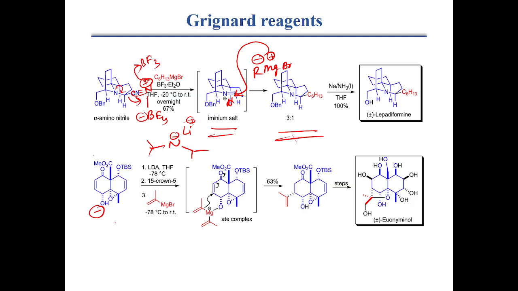Now this O minus can react with the magnesium center and form this kind of complex. Now this will transfer in a 1,4 fashion, giving this product. By this way, magnesium bromide can react in a 1,4 fashion, giving the 1,4 addition product, or Michael addition product.